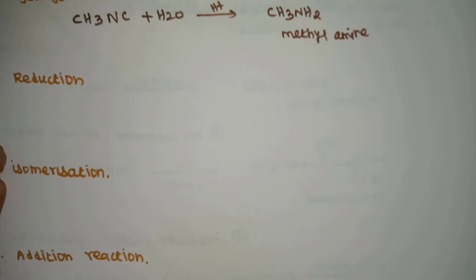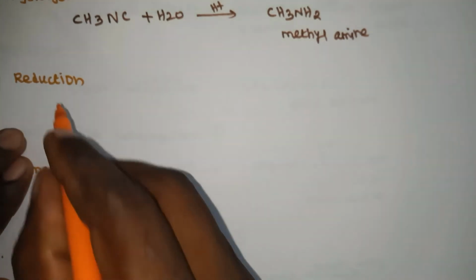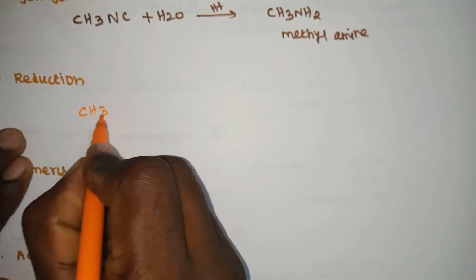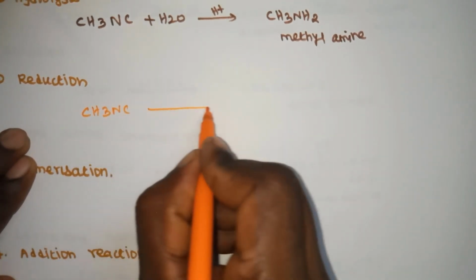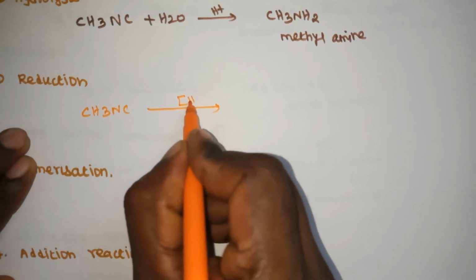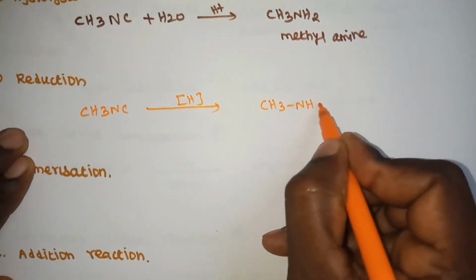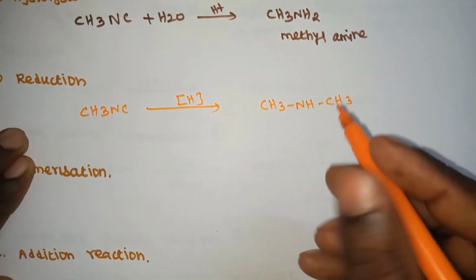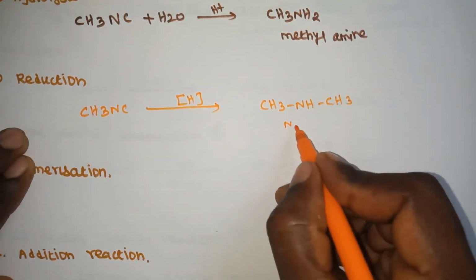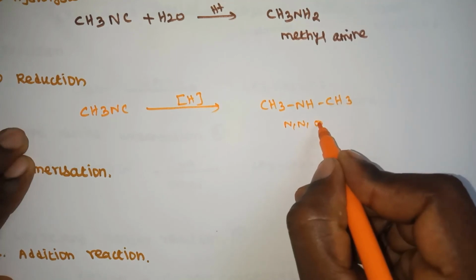Second one is the reduction reaction. When reduced with a reducing agent, it forms a secondary amine. Example, CH3NC, methyl isocyanide, is reduced with a reducing agent to form a secondary amine, CH3NHCH3. The name of this compound is N-methyl methanamine, or dimethyl amine.